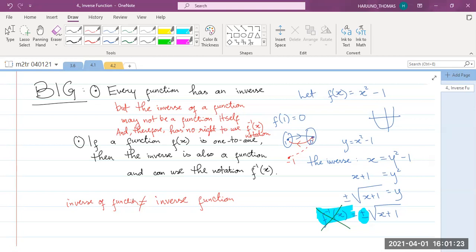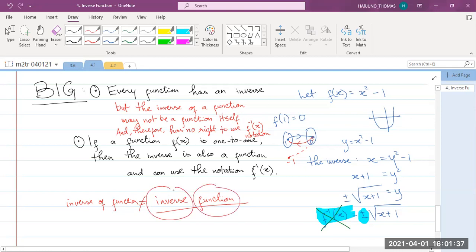We always have the inverse of a function. But that inverse may not be a function. So when we use the phrase inverse function, it refers to an inverse that is a function. Now the phrase on the other side simply talks about the inverse of a function. It doesn't say that inverse is a function.